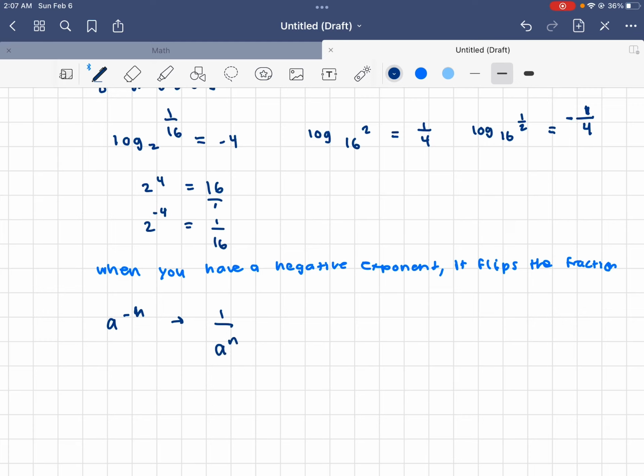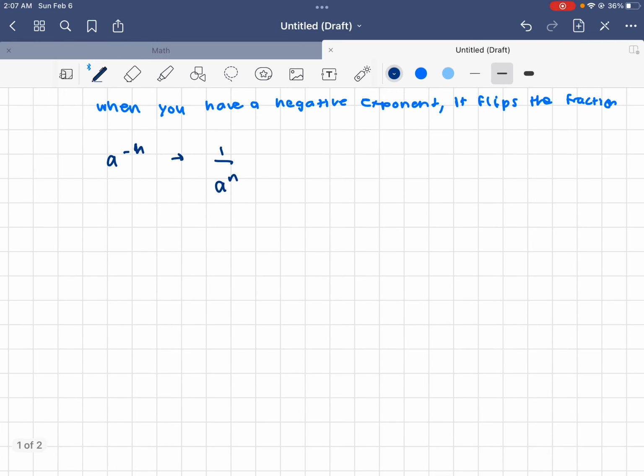And with that information, it'll kind of help us to solve for x when we have exponential functions like 3 to the power of x squared minus 7 equals 27 to the 2x.